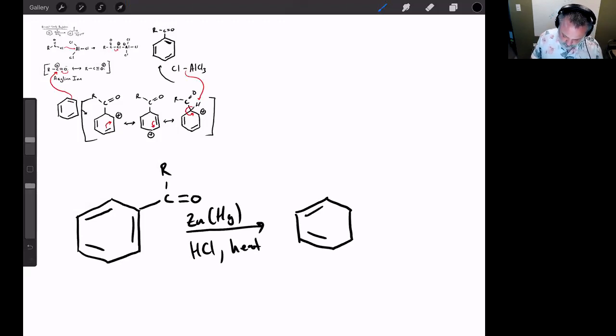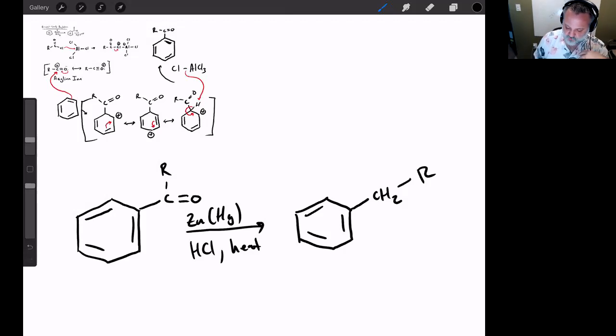The acyl group itself, the acylium ion, will not rearrange. So even if the R group is quite a long chain of carbons, I can get a long straight chain of carbons without any branching attached to a benzene ring by doing acylation first and then reducing the acyl group with zinc, mercury, HCl, and heat. That's what'll get me my straight chain.